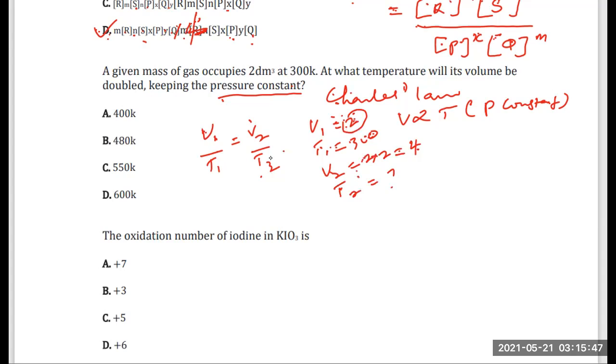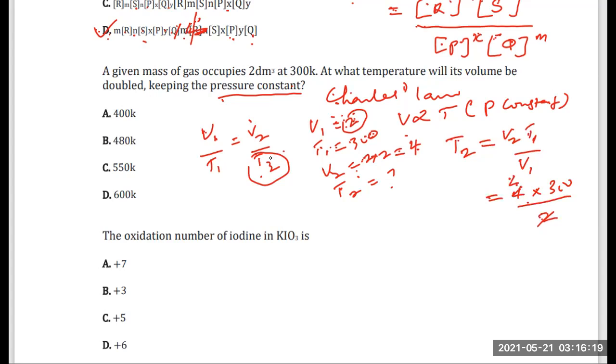Since I'm looking for T2, my T2 would be equal to V2 times T1 over V1. V2 is 4, times T1, which is 300, everything divided by V1, which is 2. The 2 here can cancel the 4 to be 2, so we have 2 times 300.